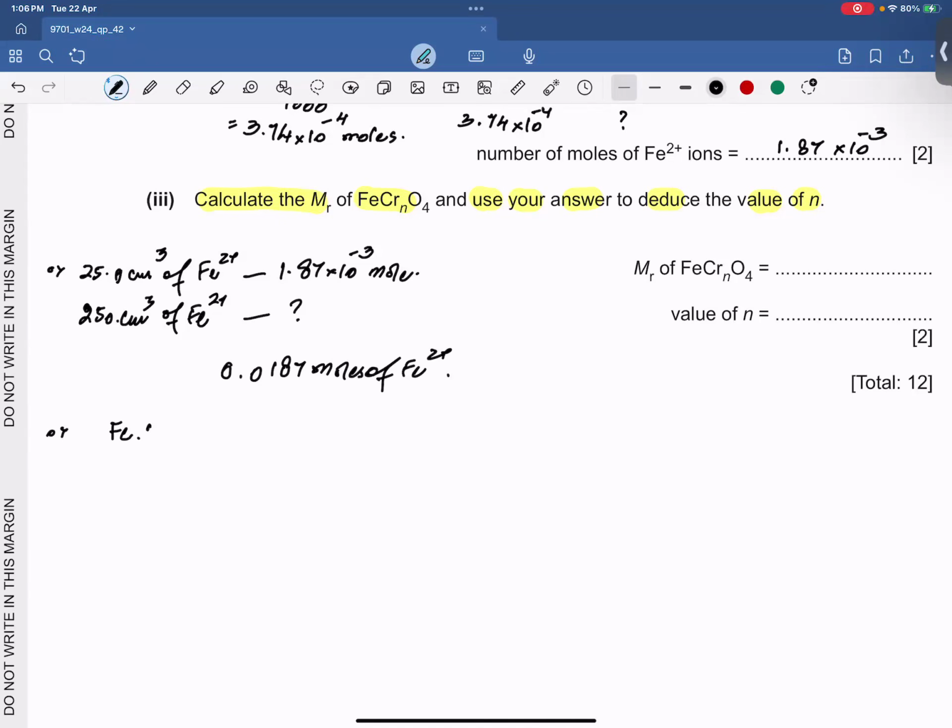The formula is FeCrnO4. So in this formula, we have iron 2 ions, and both have a 1:1 ratio. So whatever moles you have of iron 2 ions, exactly the same moles will be there for this sample.